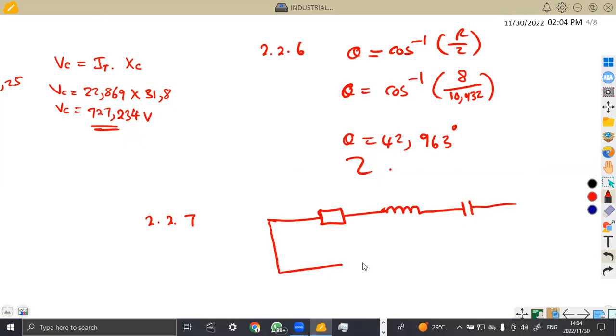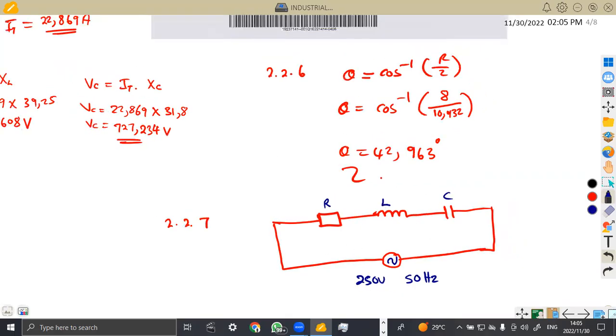Then definitely the supply voltage, which is the AC. So this is just the AC supply. Remember it was 250 volts, having 50 hertz. You can indicate your resistor, your inductor, and your capacitor. You can even write those values, but this is enough for you to obtain all the marks.